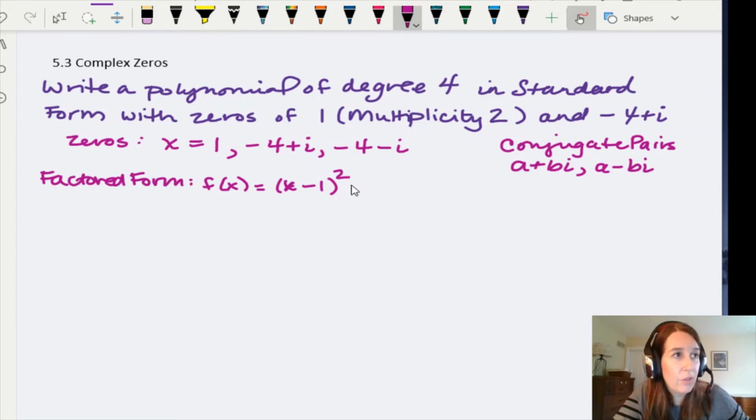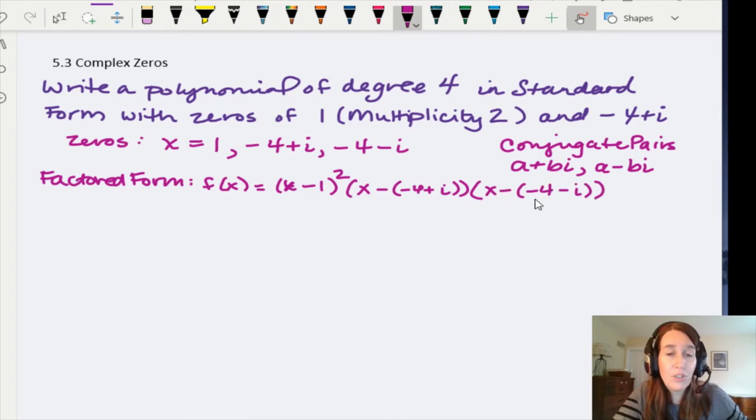And then we have two zeros here, x minus negative 4 plus i, and x minus negative 4 minus i. I personally would write it out this way to make sure all the negative signs get distributed correctly. Even though I'm the math teacher, I would still write these out and double check my work. Okay, so this could be factored form.